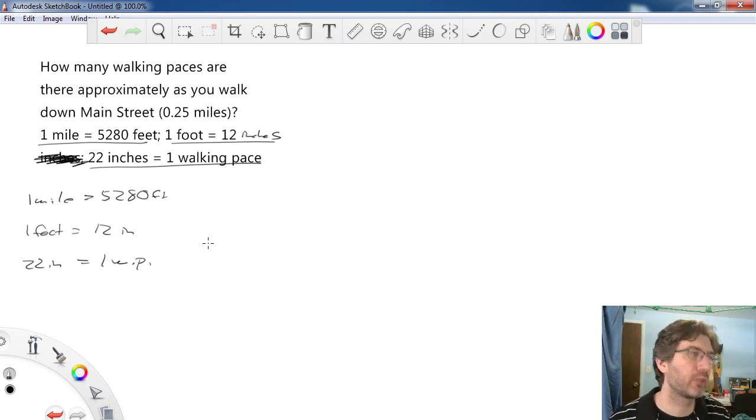It says, how many walking paces are there approximately as you walk down Main Street, which is 1/4 of a mile, or 0.25 miles.